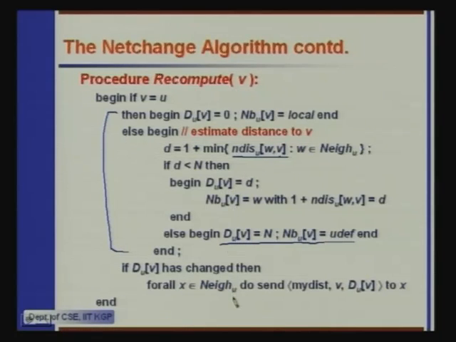If duv changes, then this node U will inform its neighbors that my distance to V has changed and my distance to V is now duv, or the change distance. Okay.